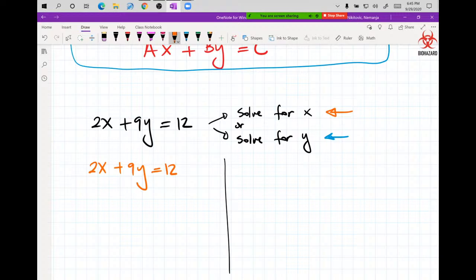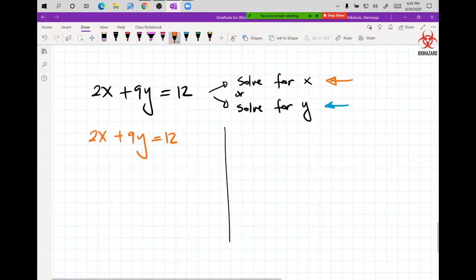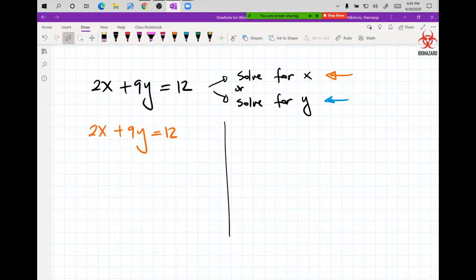Well, we can't find the value because we don't know what y is. We can't find the value of x, but what we can find, when it says solve for x, what is the goal? Is to get x alone. Excellent. Perfect. Yes. Solve for x means get x alone. Solve for y means get y alone.